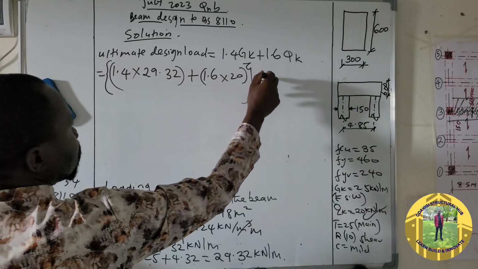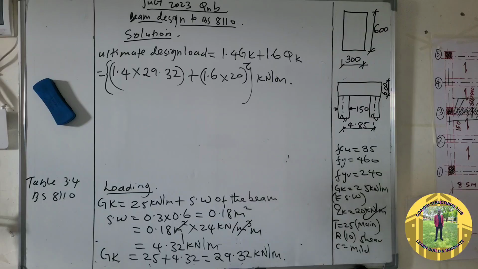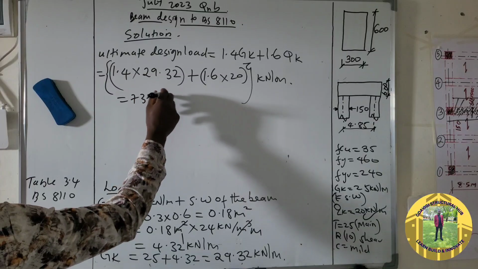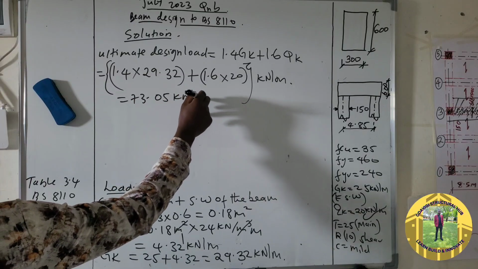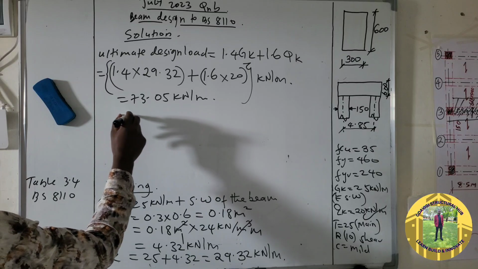This is in kilonewton per meter. So let's carry out the operation. This is equal to 73.05 kilonewton per meter.